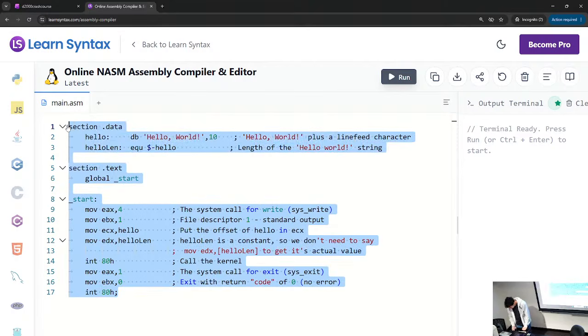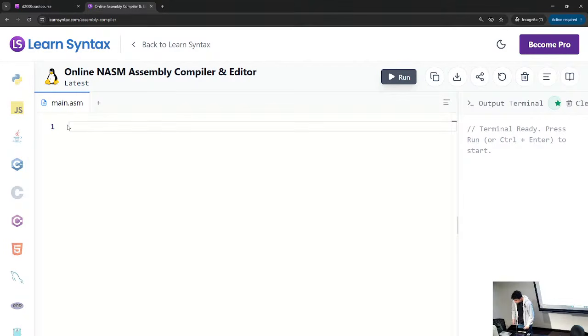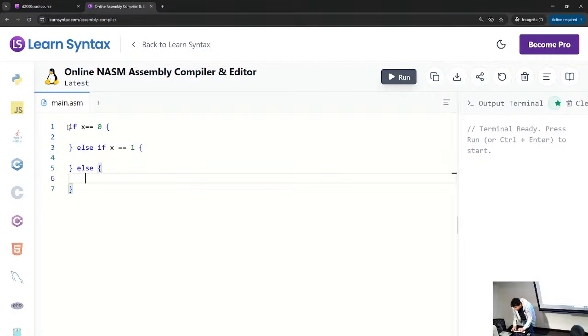There's no VS Code here, so we'll have to make do. Let's say we want to implement your switch case. If x is equal to 0, then do something; else if x is equal to 1, do something else; and then let's say we have our else statement here. So let's implement this.